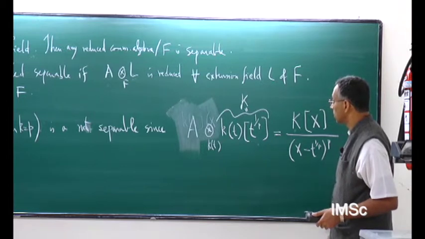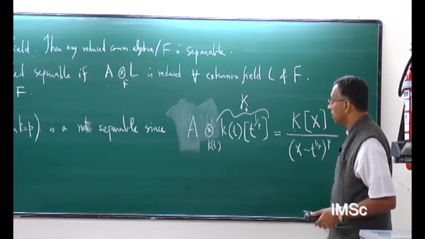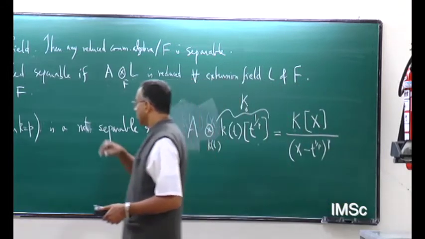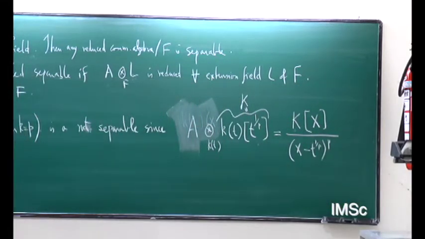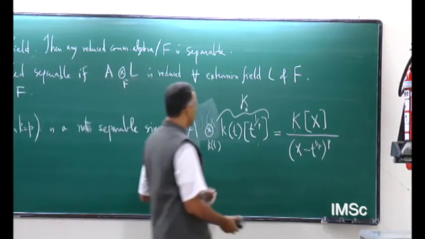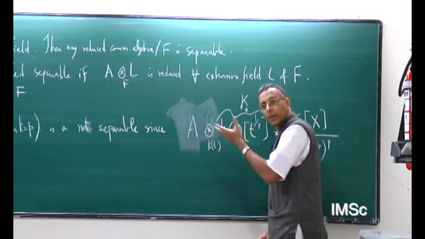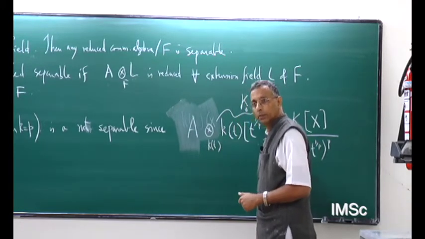Yes, so essentially A tensor A over K(t). You could say that. That's a good point, absolutely. You can think of that as A as well.